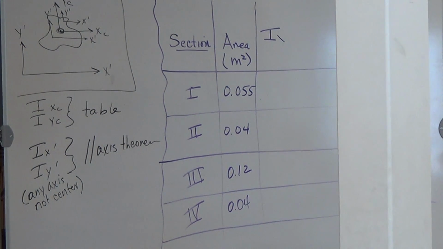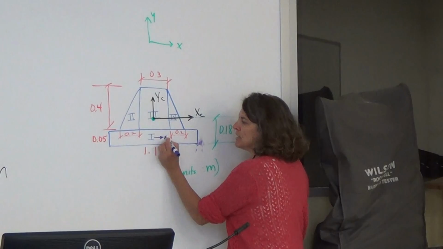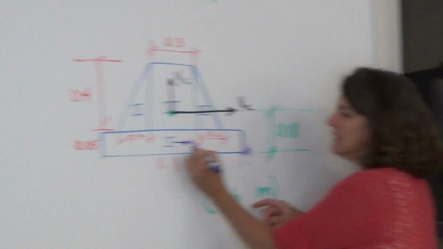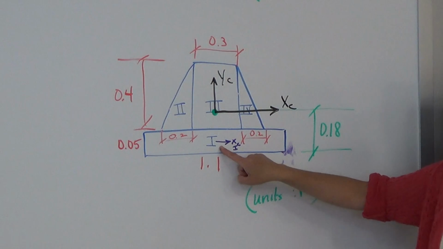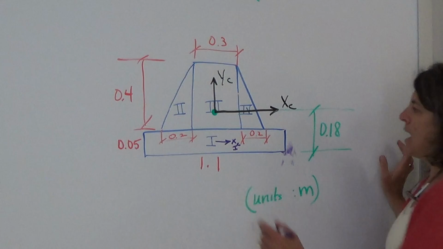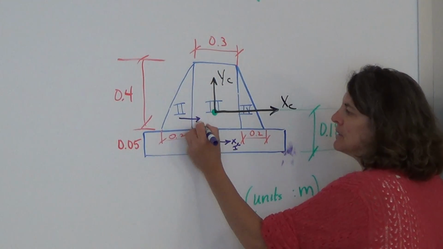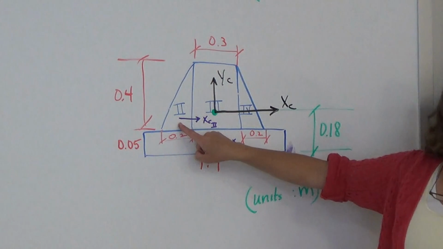So let's look at object 1. Section 1. If I wanted to find the moment of inertia about the center here, through item 1, what equation would I use? Armando. BH cubed over 12. Good. How about this guy? It's not drawn to scale. JJ, what's this?